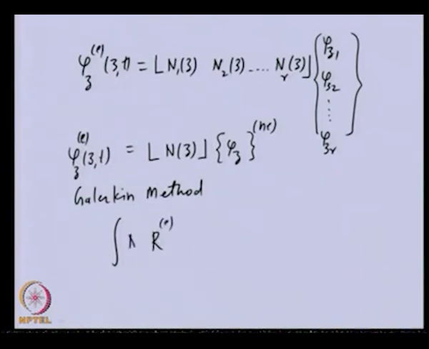In the Galerkin method we multiply by these functions, which we call shape functions, and we integrate this quantity over the domain or whole length of the element, and we equate it to 0.